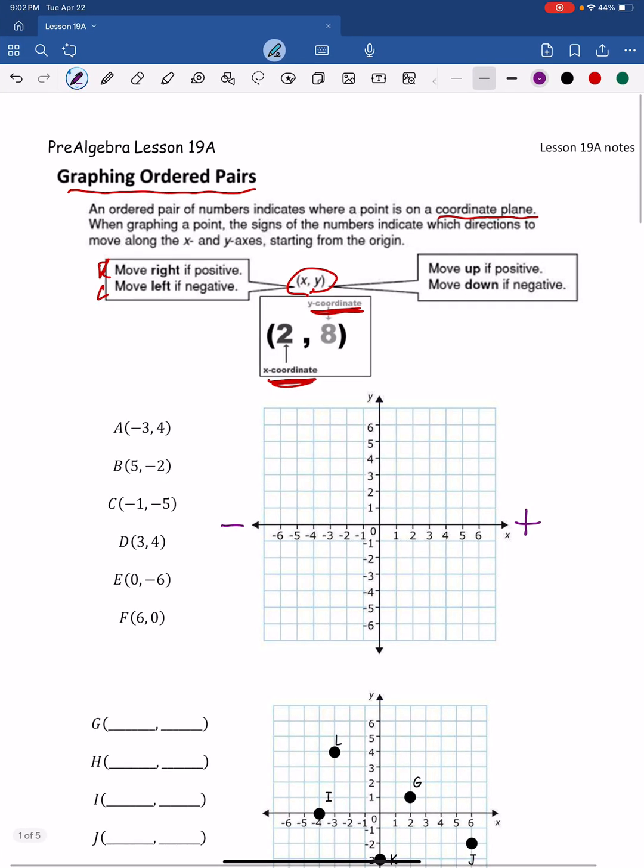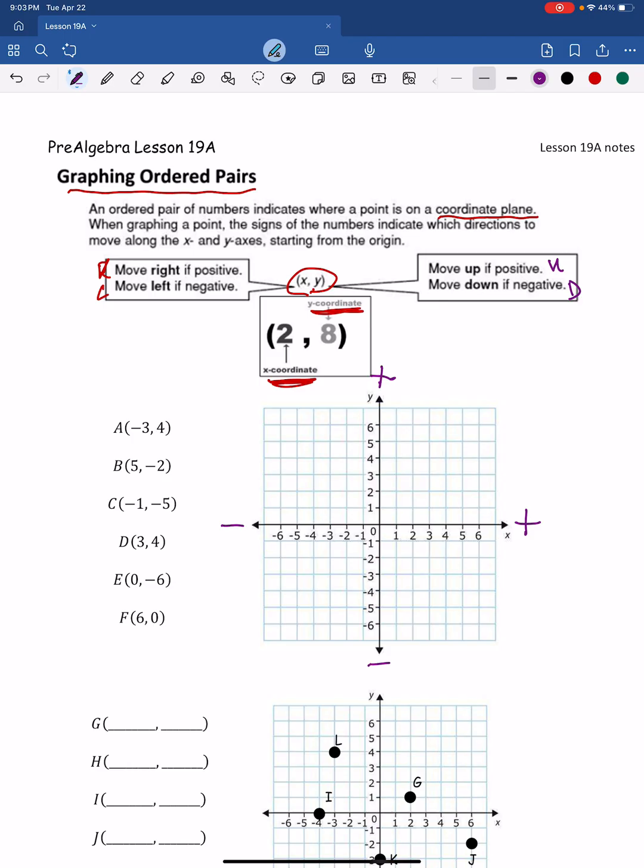If I'm going on the y coordinate, if it's positive, I'm going up, and if it's negative, I'm going down. The y part of the ordered pair is the y-axis, and if I go up, it's positive. If I go down, it's negative.